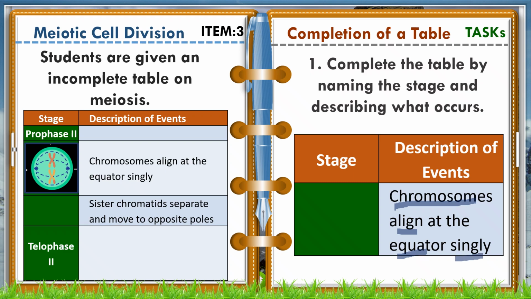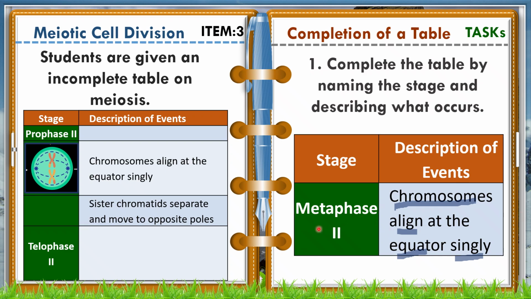As we are seeing in the diagram here, each chromosome is aligning alone at the equator, attached on the spindle singly. But all of them are aligning along the equator. So which stage is this one, where the chromosomes align at the equator singly?